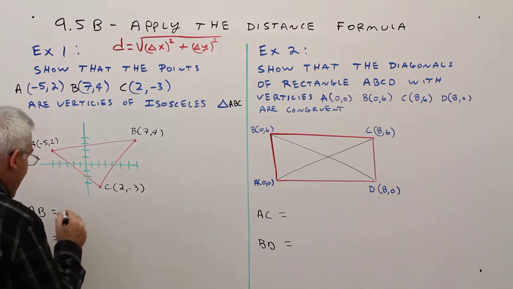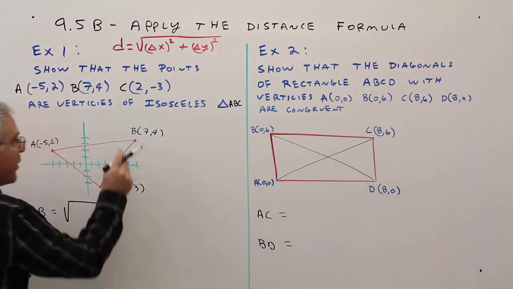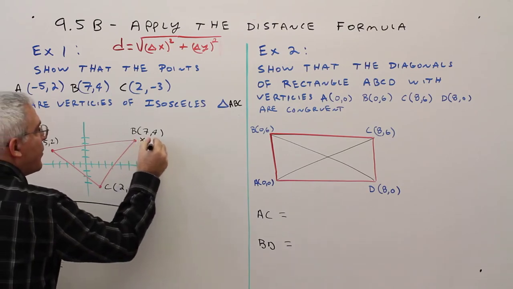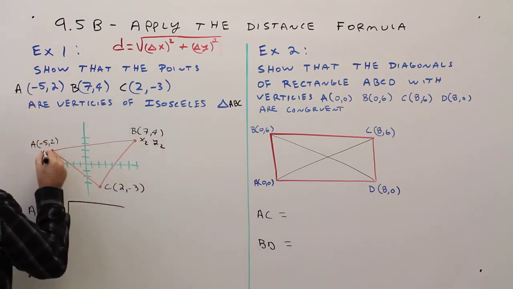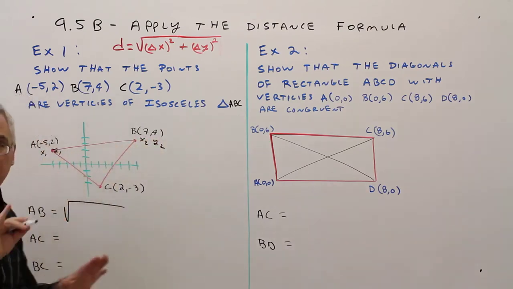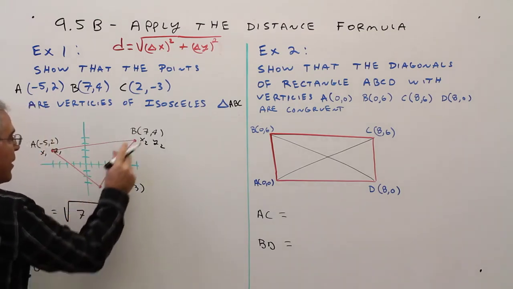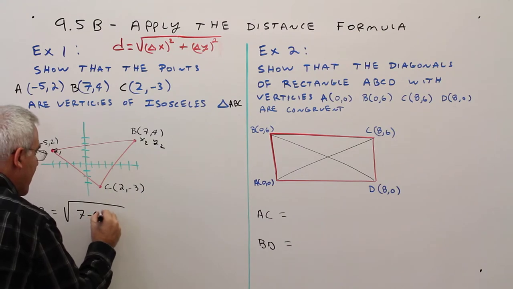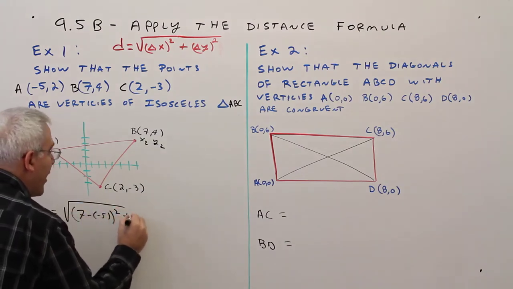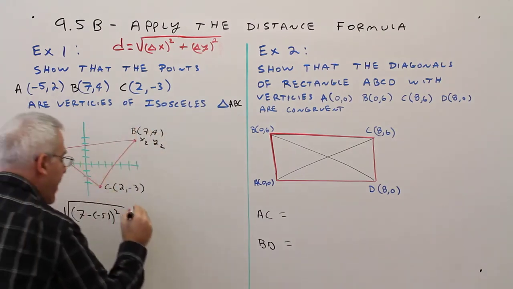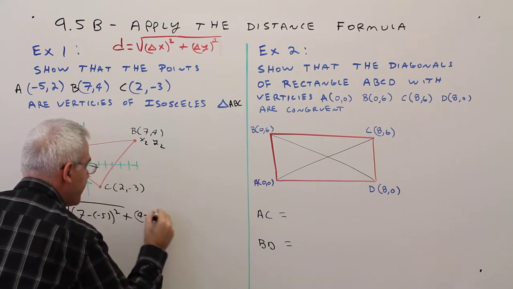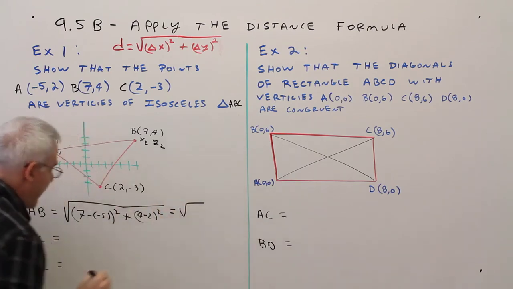All right, so that distance will be the square root. I'll call this x sub 2, y sub 2, x sub 1, y sub 1, just for the distance formula. So it'll be 7 minus 5 squared plus 4 minus 2 squared. That will be the square root.